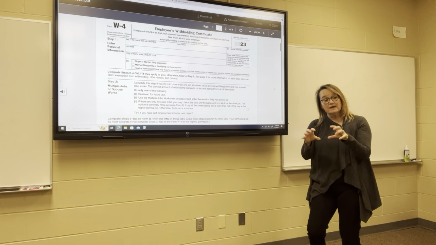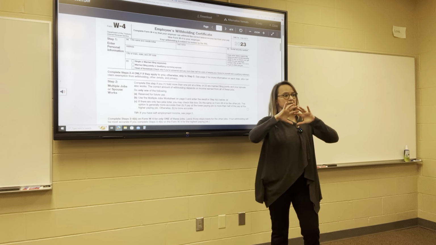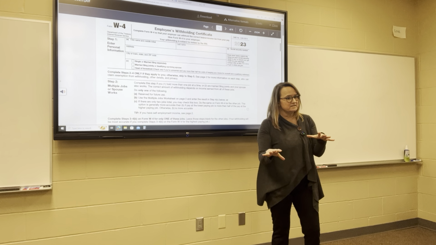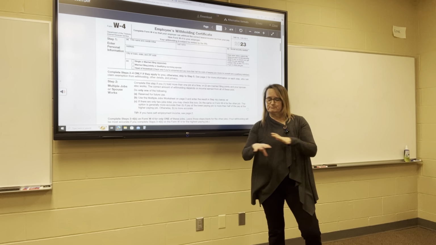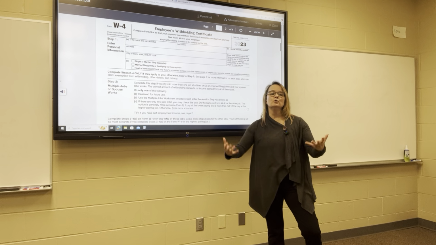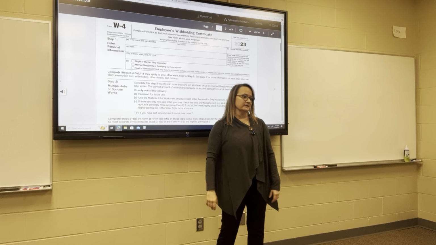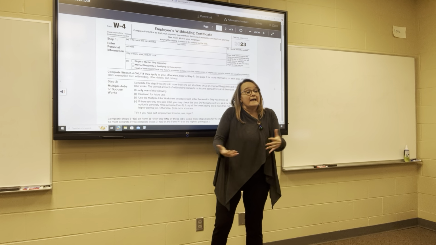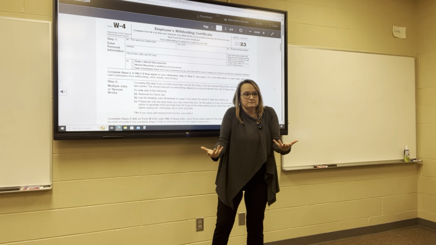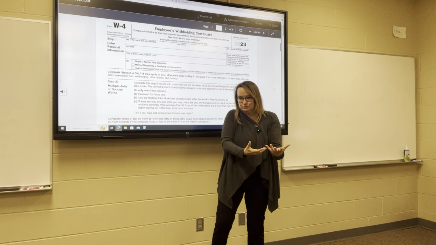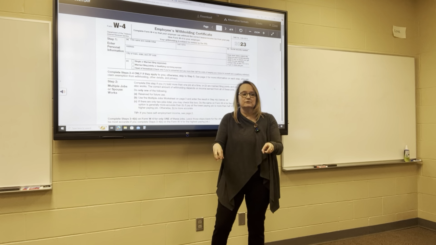But again, I'm just giving you this as an introduction, an overview of what the difference is between those filing statuses. As a payroll professional, you wouldn't advise somebody, oh yeah, you should file as married filing jointly, that's going to save you a lot of money, because you're giving tax advice and you're not able to, because tax advice is legal advice.